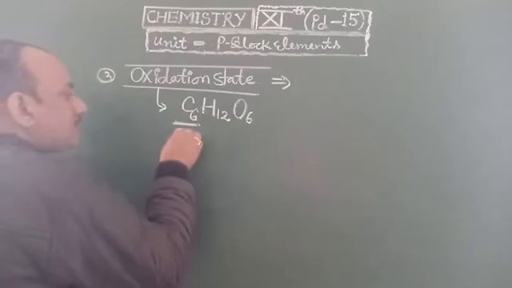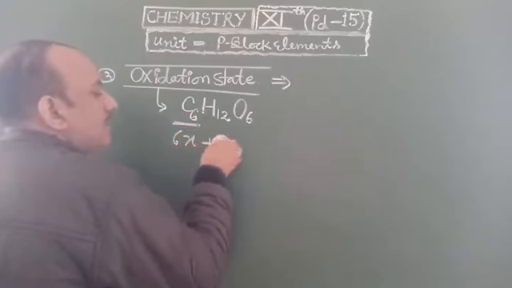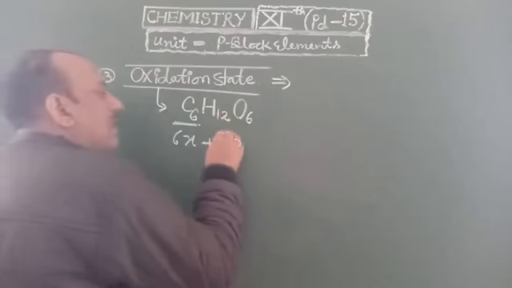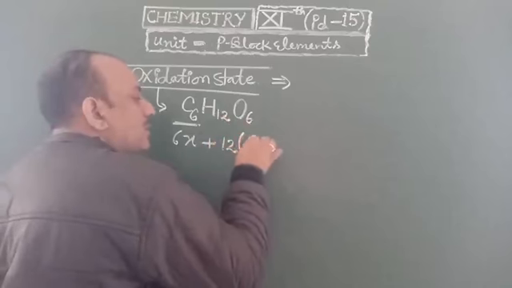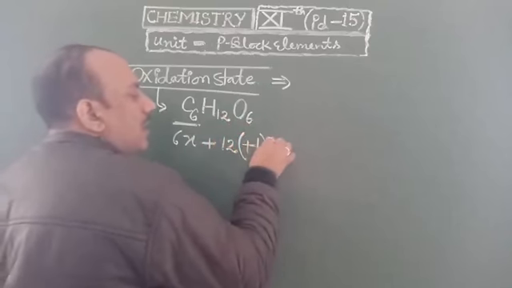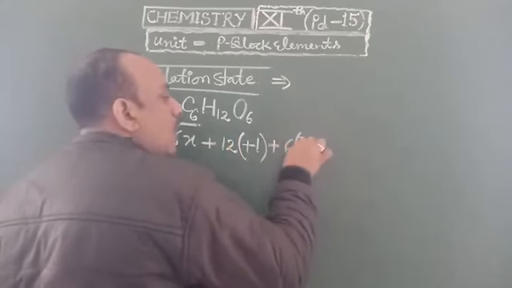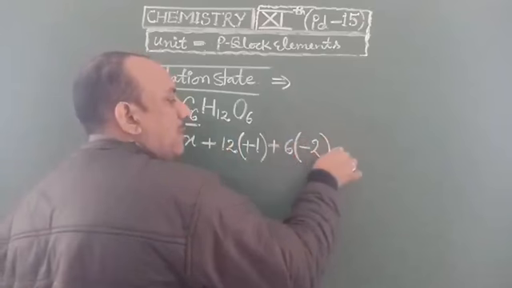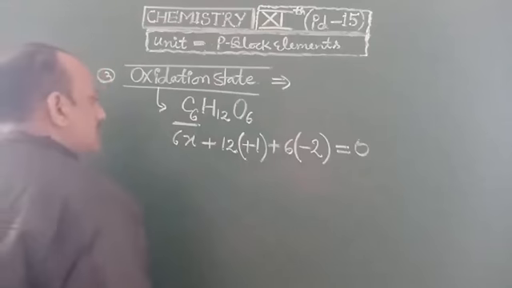So we make the equation: 6x plus the total number of hydrogen atoms, 12 here, each with oxidation state +1, and 6 oxygen atoms, with common oxidation value -2, and the total of the oxidation states is 0.